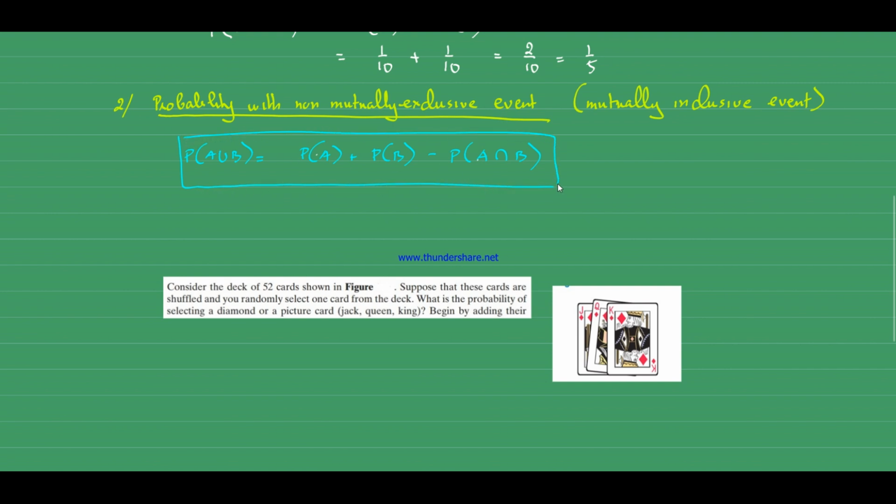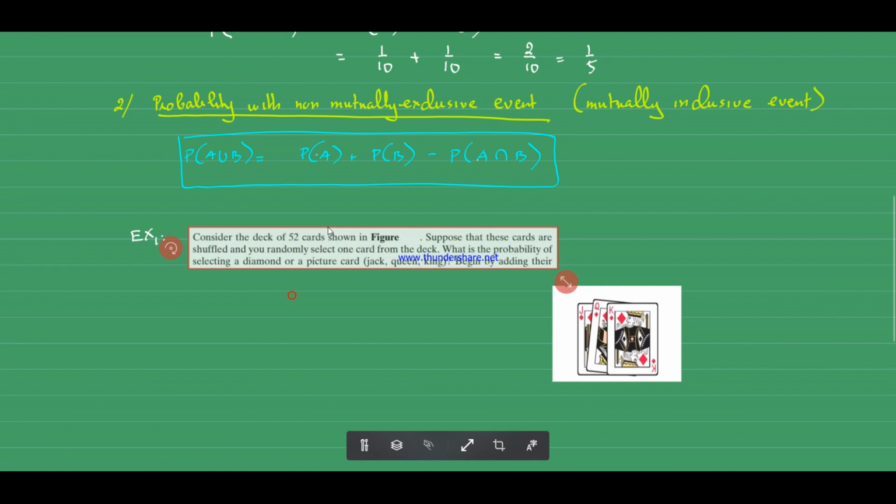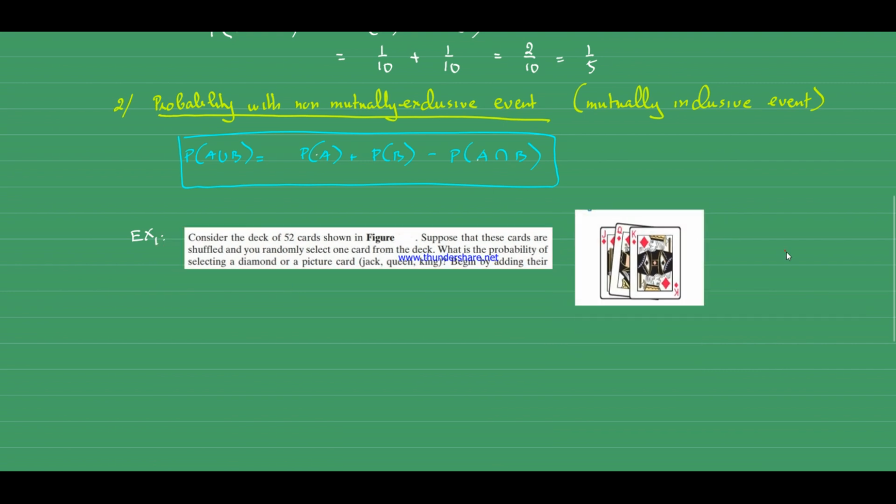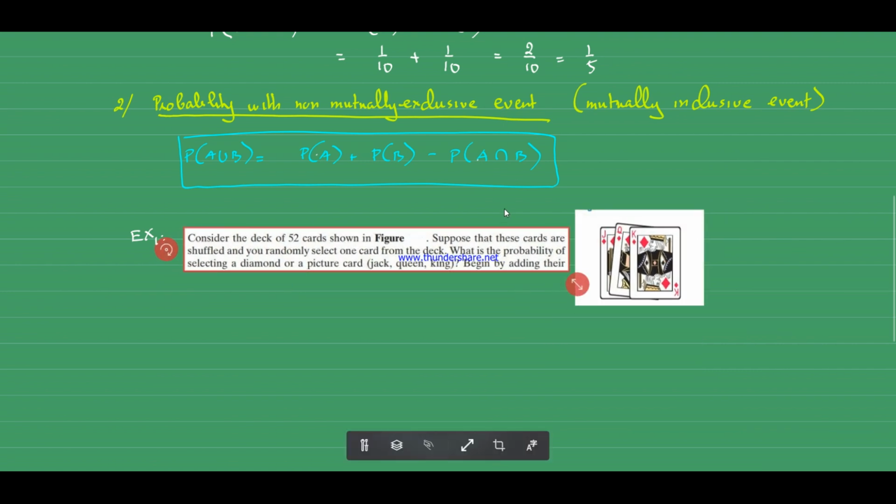Okay. All right, then now in the first example, we will do this one. All right, let's see how we do this. And let's say the two events have something in common. So what is the probability of selecting a diamond or a picture card?